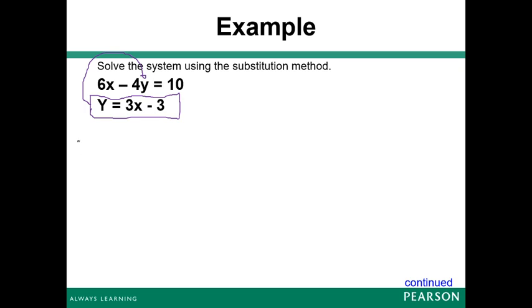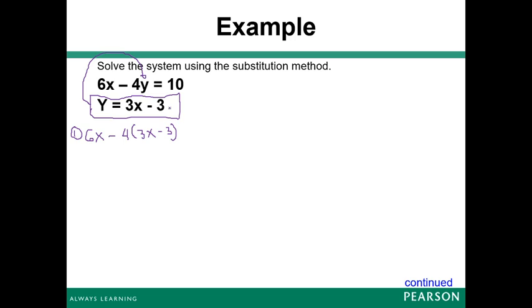Okay, everybody? Now, look at that. We have the first equation: 6x minus 4 times, remember, now y, because y is equal to 3x minus 3, so we're going to put this number into the y structure, into the y variable.